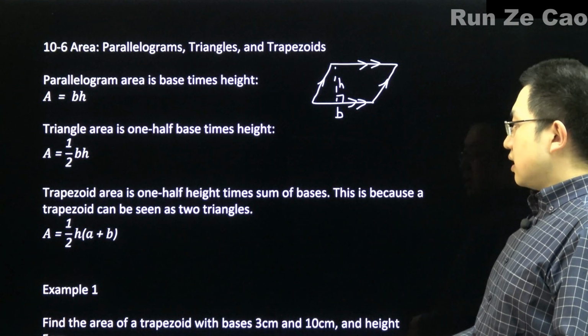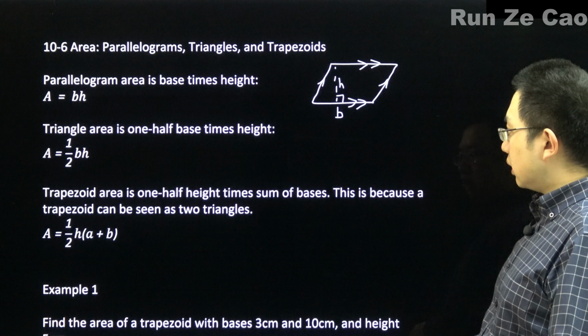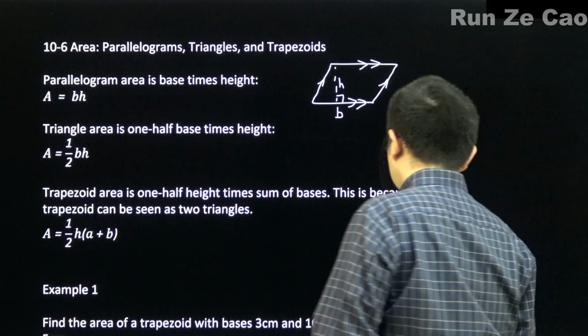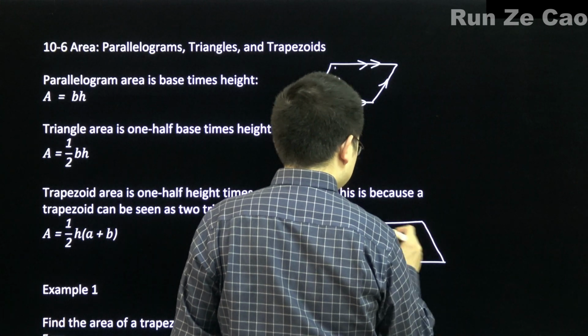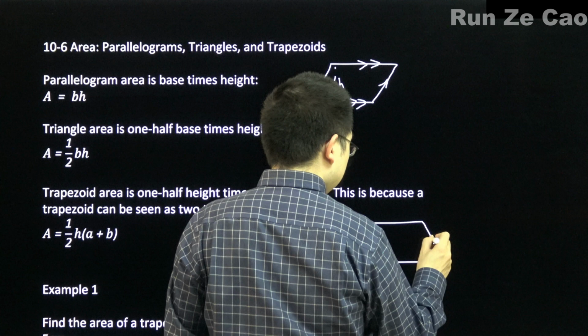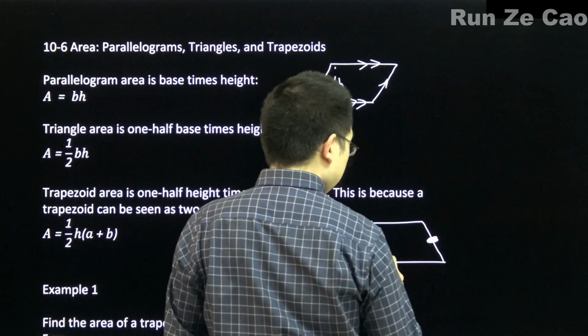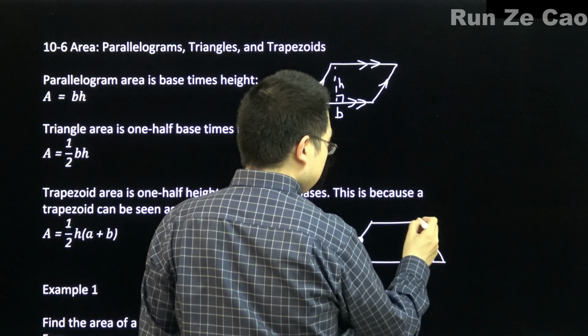You can see the trapezoid as two triangles, or you can go for congruent triangles using the midpoints of the sides. So here and here, okay? You can make congruent triangles.